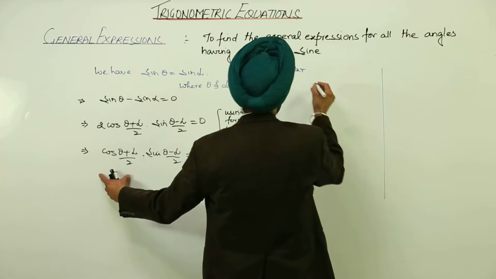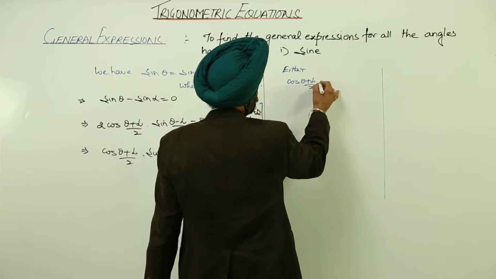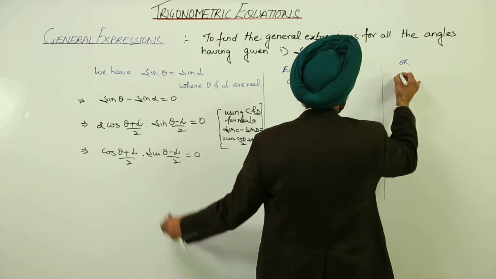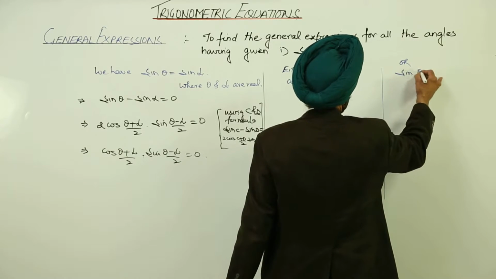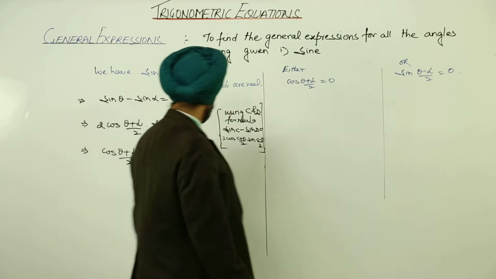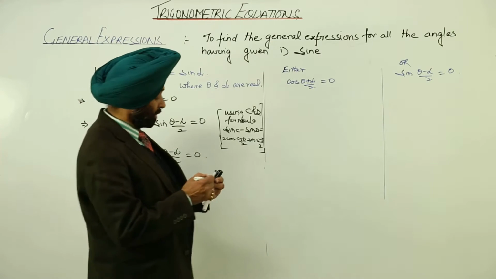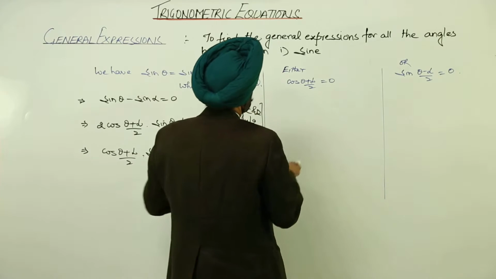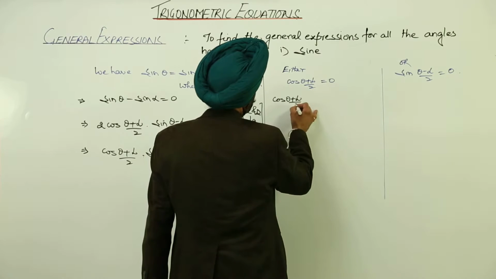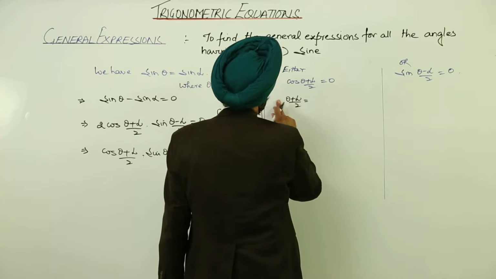Either cos of (theta plus alpha) upon 2 is equal to 0, or sin of (theta minus alpha) upon 2 is equal to 0. Is it clear? Now we can directly use it.